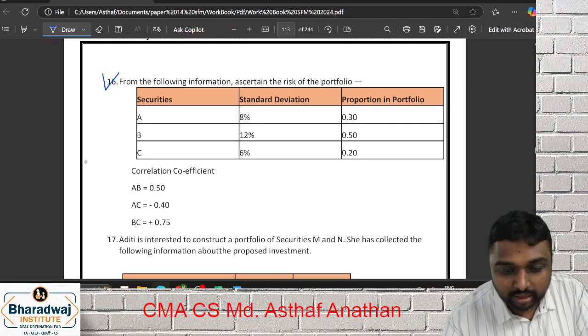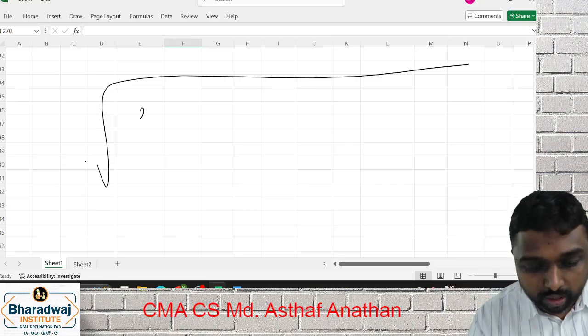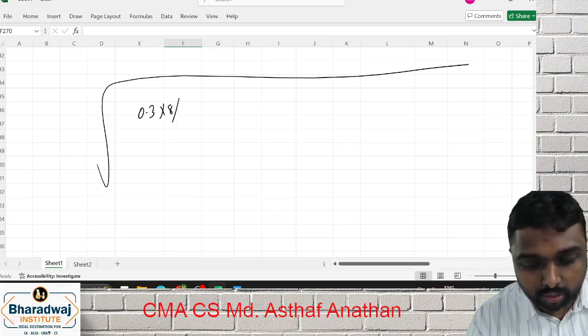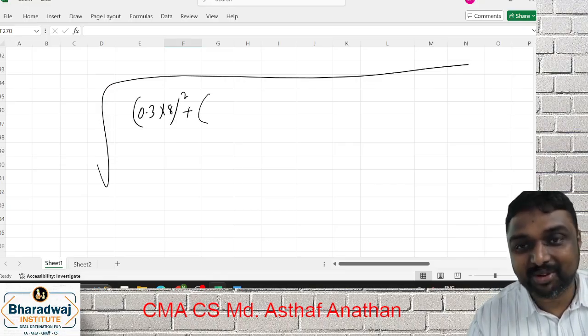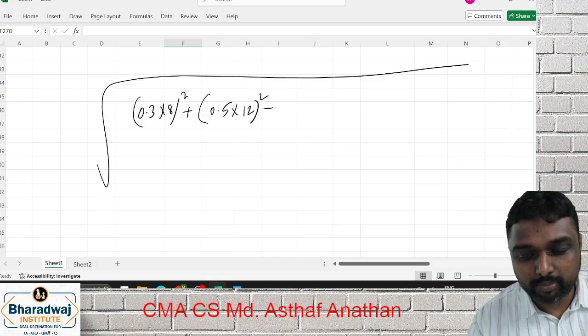First security, the weight is 0.3 and the standard deviation is 8. So you have to go 0.3 into 8 square plus, next one, 0.5 into 12 square plus 0.2 into 6 square plus.